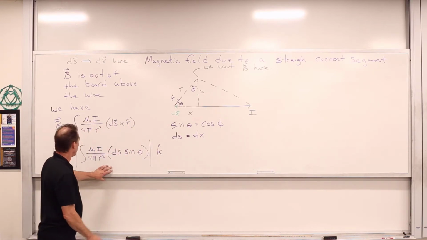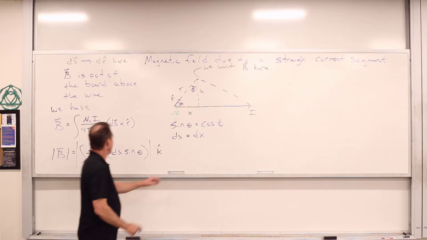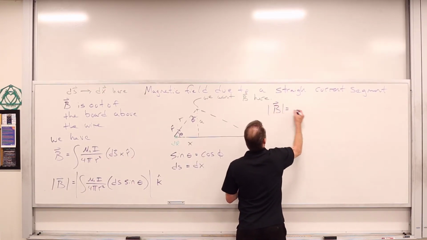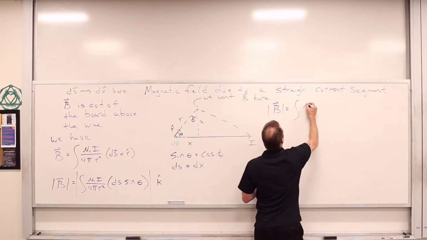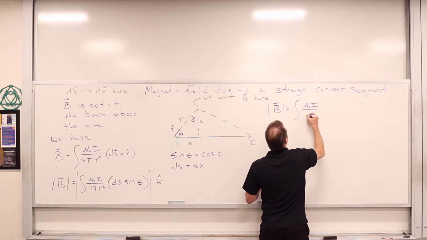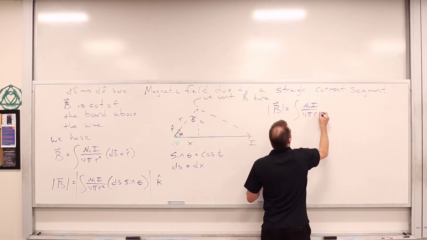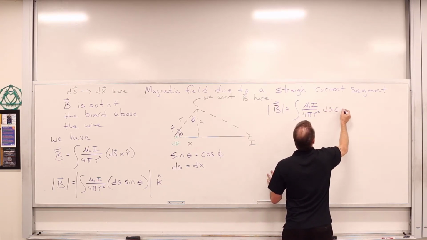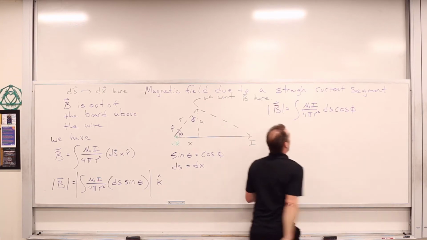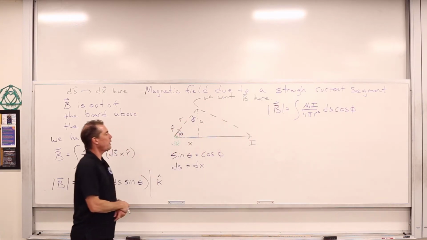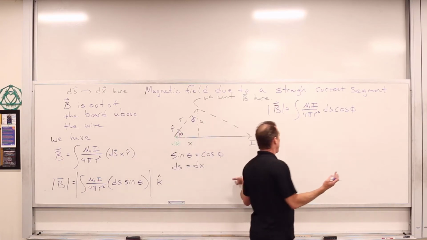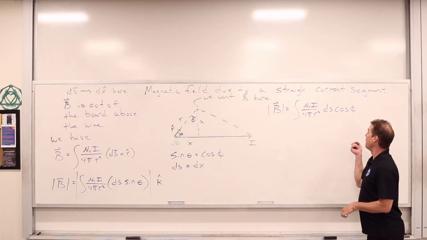So that's good. We're going to go ahead and rewrite this really quick and say that the magnitude of B hat then can be the integral of mu 0 I over 4 pi r squared ds times the cosine of phi. But if you notice here, we've got 3 different things that are going to be varying with respect to which element we're looking at.